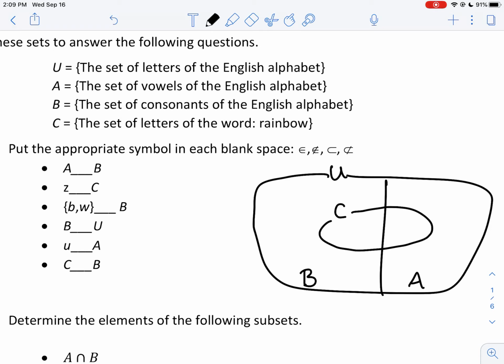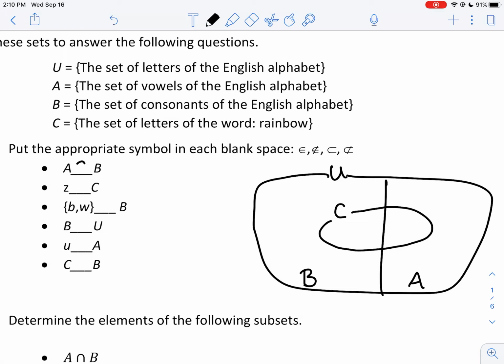Let's look at the relationship between A and B. And I have to use one of these four symbols. Well, the element symbols are only used when you have a single element on one side and then a set on the other side. If you're joining two sets, especially sets that have multiple elements like A and B do, then you really want to focus on notations that would join or relate sets.